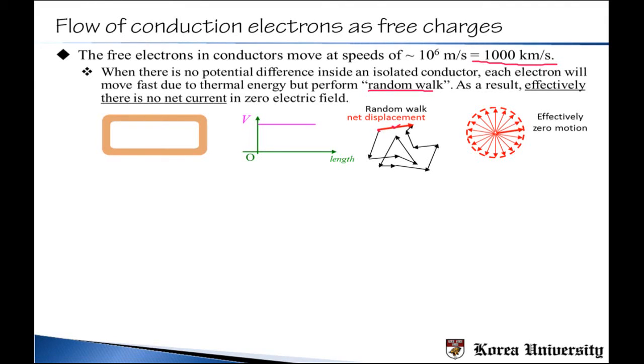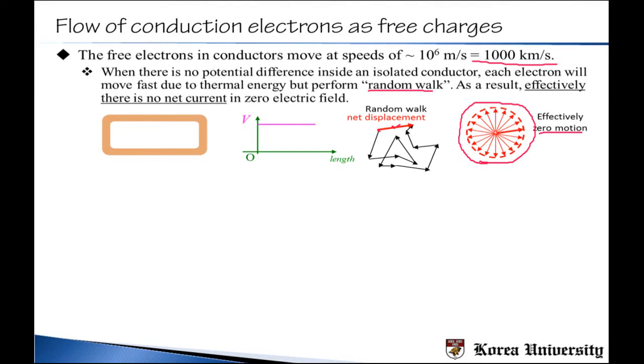And remember, there are a lot of electrons, not just one, but Avogadro's number of electrons in this conductor, and each of them has no special direction. So if you combine all of them, it will just look like they are moving in any random direction uniformly, effectively. Therefore, there will be no net motion, so zero motion, right?